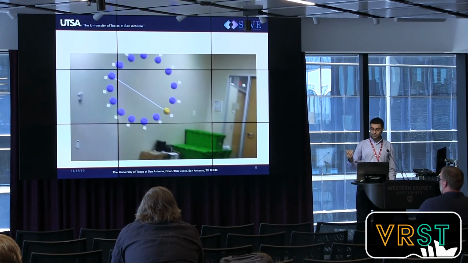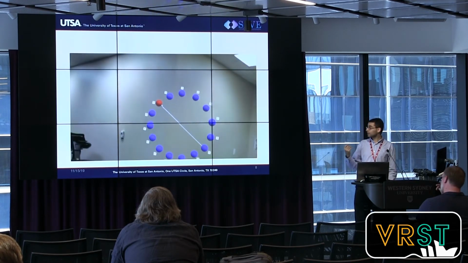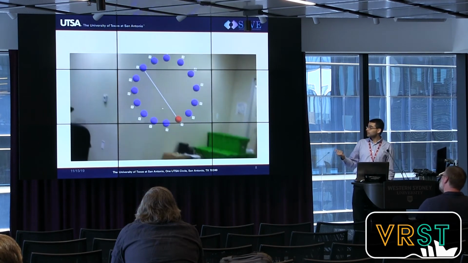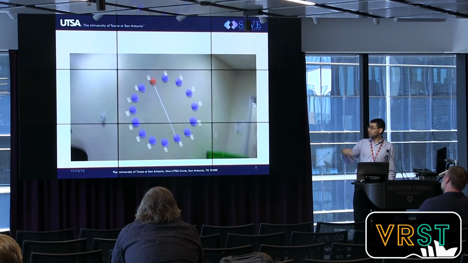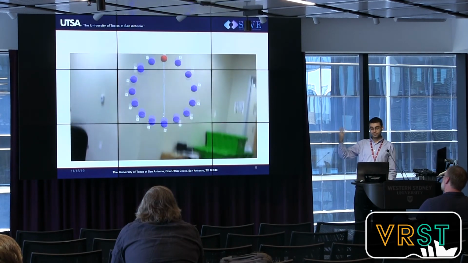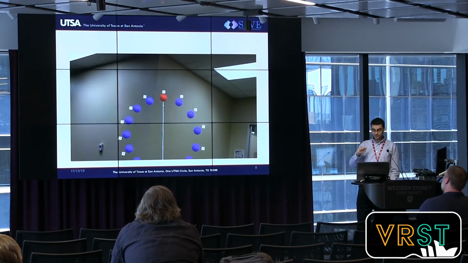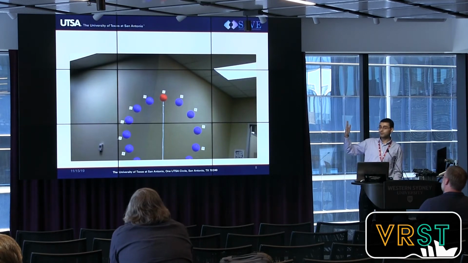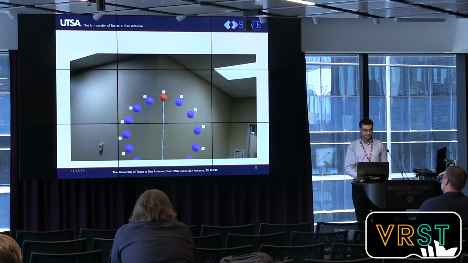And then once all the objects were selected, the user would have to repeat the task, but the bars would move either further away or closer. Like here, they moved closer, so they appear slightly bigger.